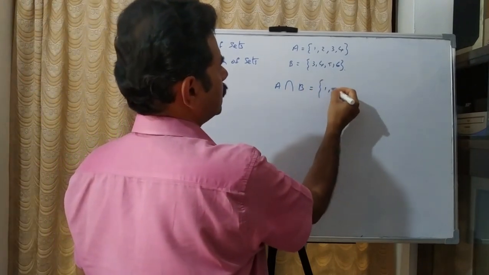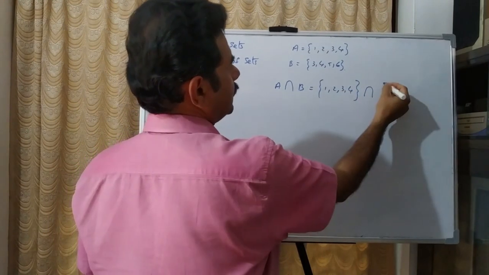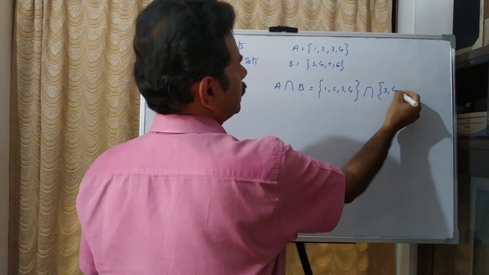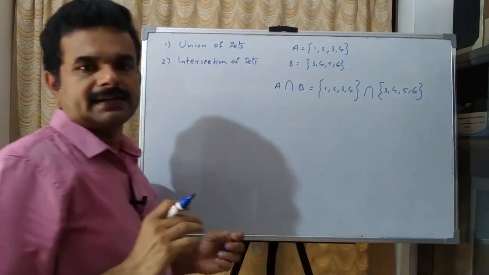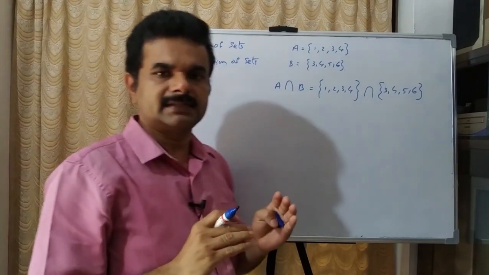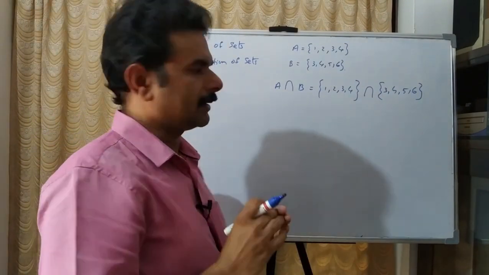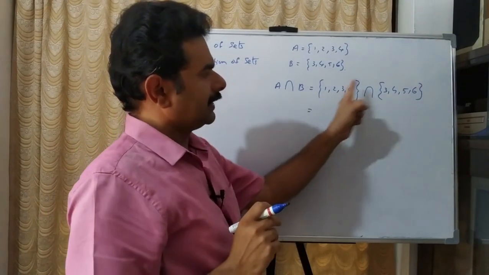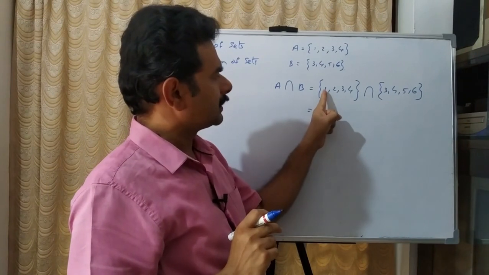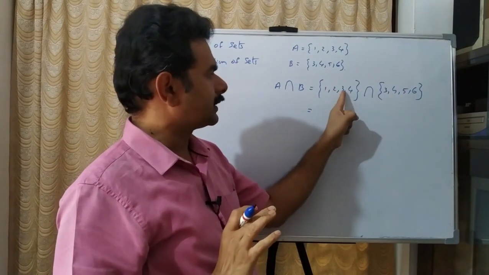A means 1, 2, 3, 4. Intersection. B means 3, 4, 5, 6. Then by the word intersection, we mean the common elements of both A and B. Only common elements. Here, which are the common elements in A and B? 1 is here, but not in B. 2, not in B. 3, yes.